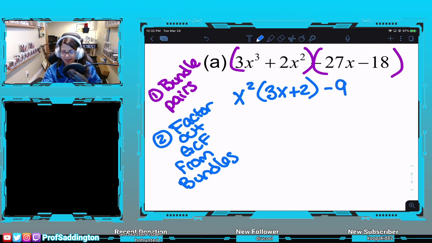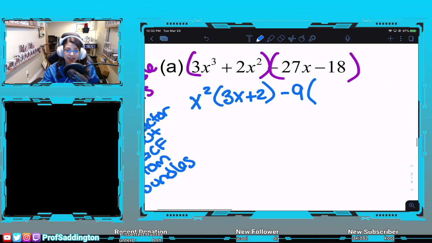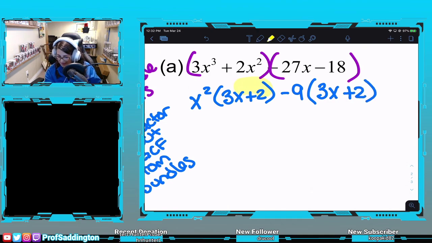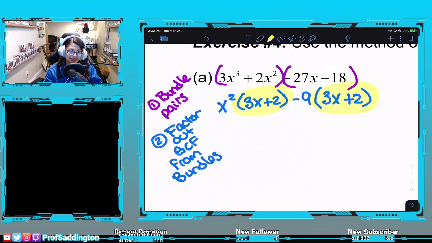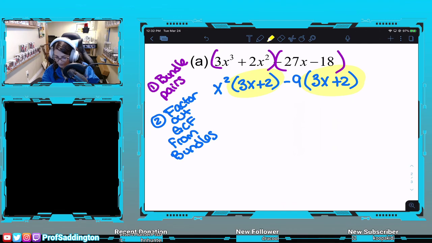So I'm going to factor out a negative 9, which means everything left in my bundles will now be positive. So again, when all the terms you're looking at are negative, you're factoring out a negative. So then we get 3x, our sign's changing again, so plus 2. And now, easy peasy. We have the bundles that are exactly the same.